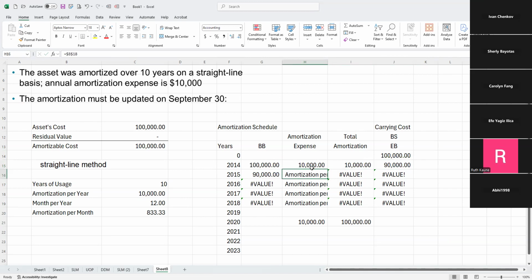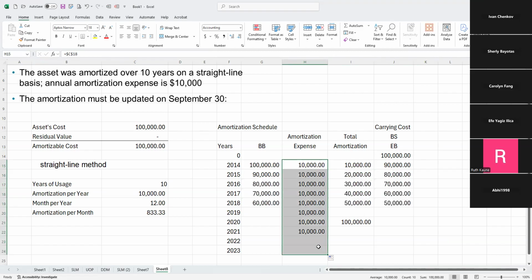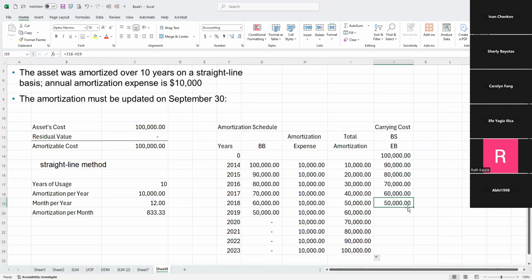Amortization expense per year, still the same, right? Then I can get everything, and I can get this one, and I can get this one. So if I use this asset, that should be my amortization schedule, correct?